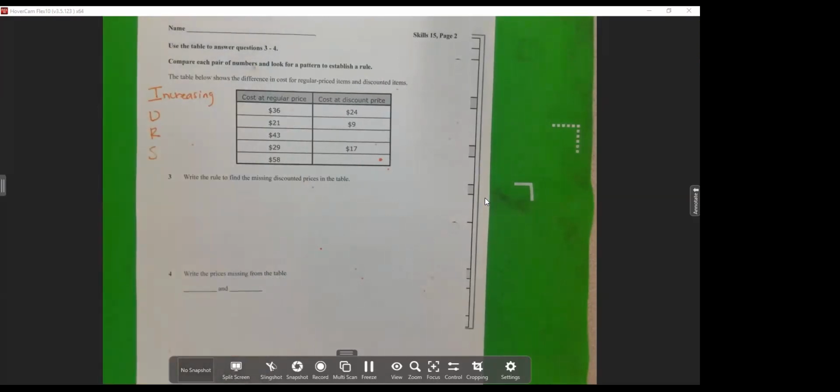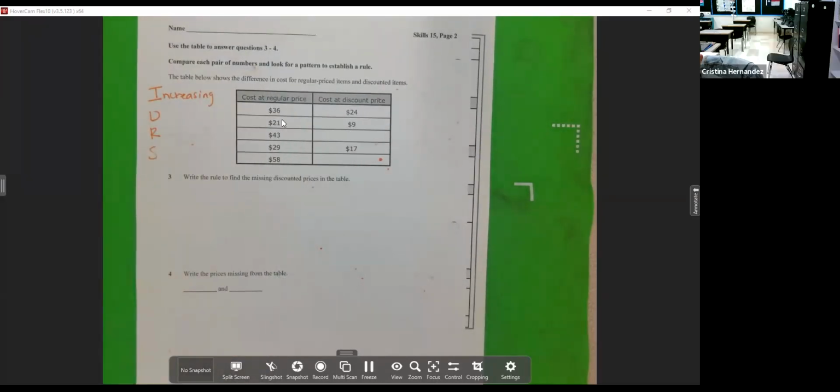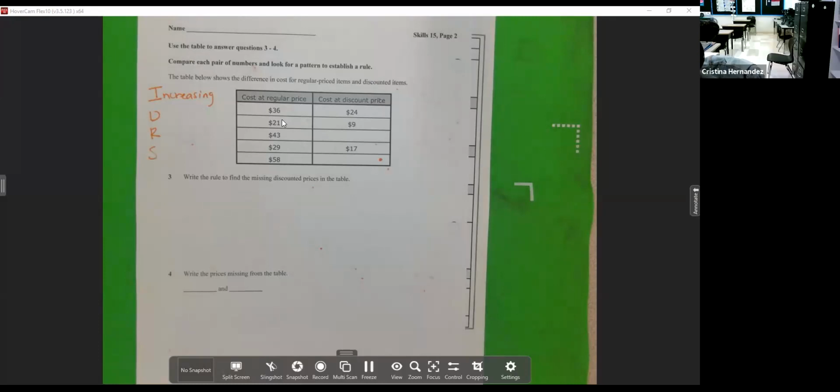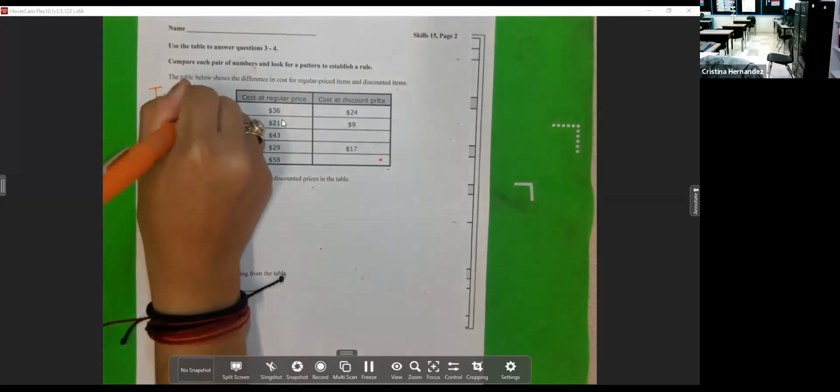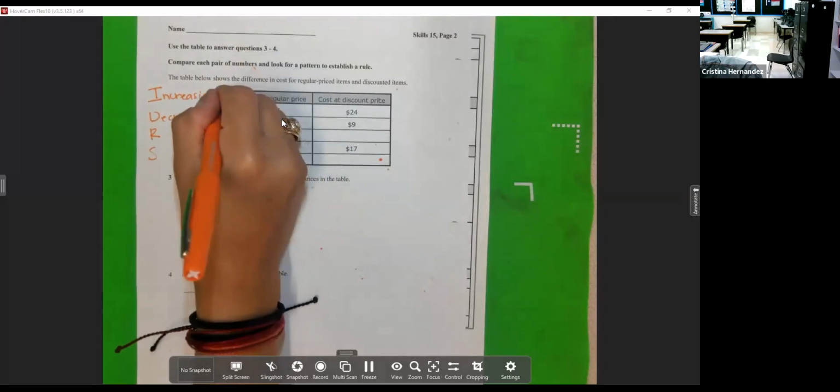And D is for Adrian, you solve and try to figure out what the rule is over here in those missing numbers. Somebody else. What does D mean? Decreasing. Who said that? Sierra, right? Good job. Decreasing. So we're going to be subtracting or dividing.